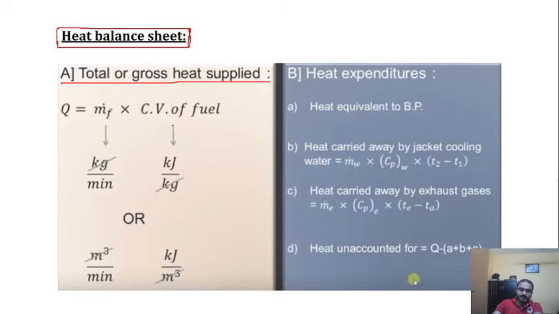So mass flow rate is in kg per minute, and Cv of fuel is in kilojoule per kg, and this is applicable to solid fuels. So we can cancel this kg, and the final answer here will be in kilojoule per minute.